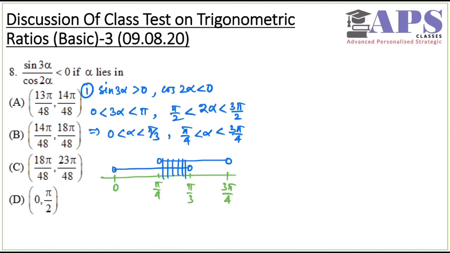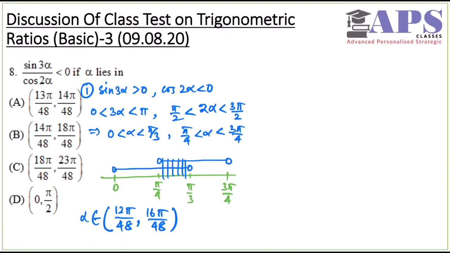But here the options are given in such a way that it is 3 pi by 4, 13 pi by 48 and all. So if I convert pi by 4 and pi by 3 in terms of 48, pi by 4 is 12 pi by 48 and this is 16 pi by 48. Okay, so this is the correct one.